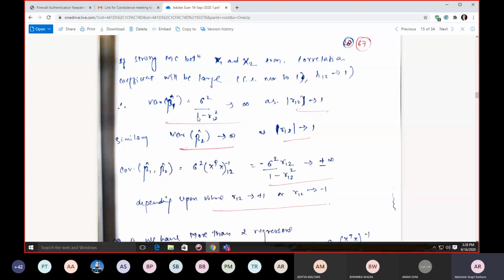When the denominator tends towards 0, the overall value tends to infinity. So a stronger multicollinearity between the regressor variables leads to infinite variance.